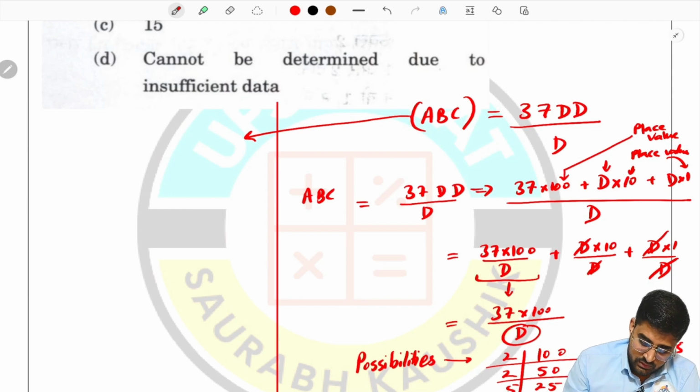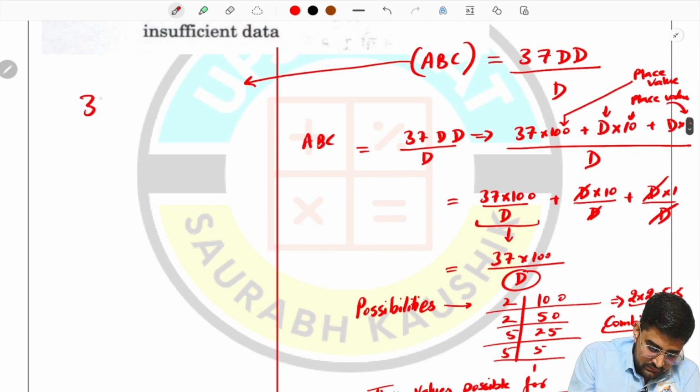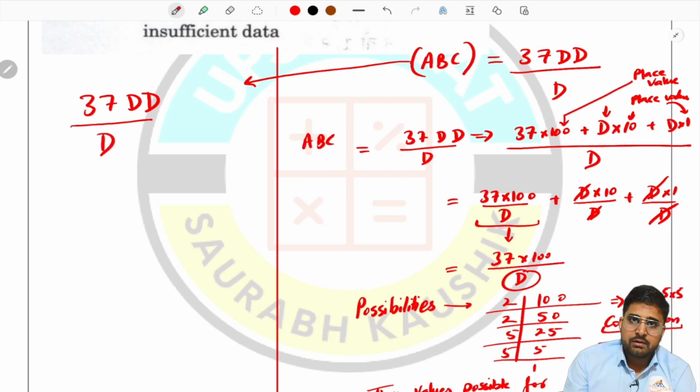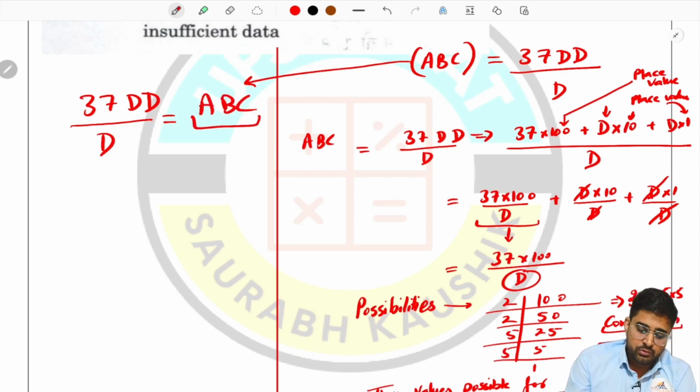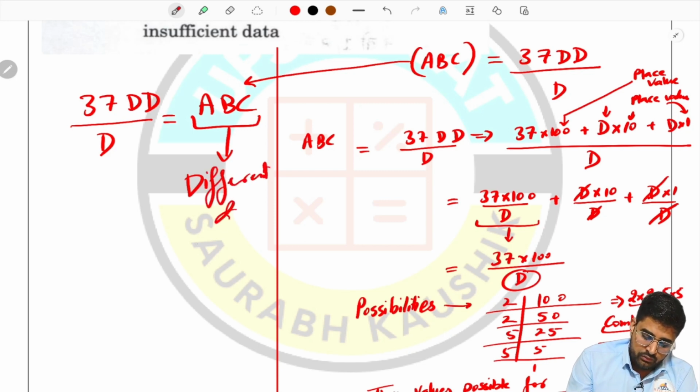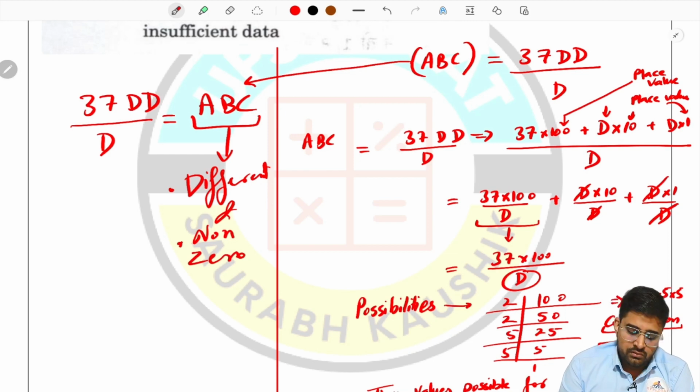Okay ji, we have a situation: 37dd, which is going to divide by d. Remember that this is equal to the ABC, and this ABC should be different and non-zero. Keep this in your mind, ABC should be different and non-zero.